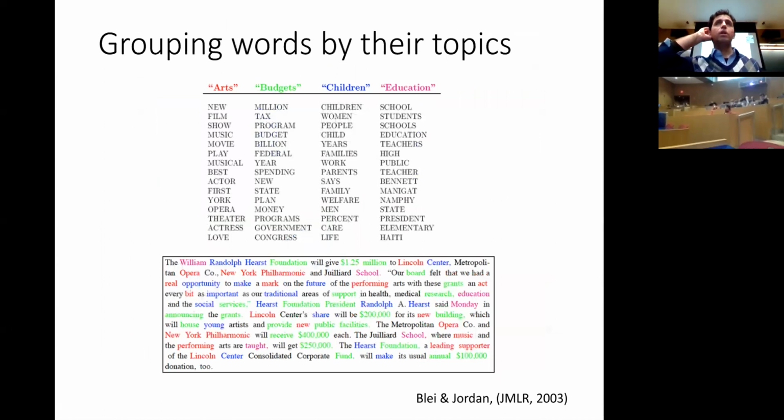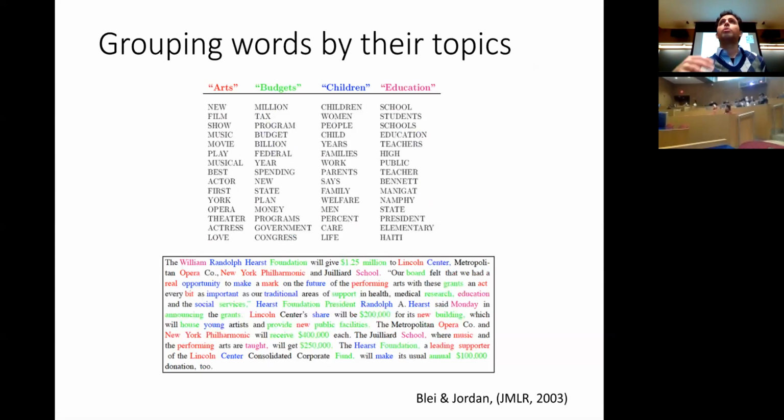A very common approach in this particular methodology is to group words by their topic, so bag-of-words kind of approaches. Basically, all these different words are associated with the arts. All these different words are associated with the budget. All these different words are associated with children or with education. And by simply counting how frequently each of these words appears in a particular document, you can then classify documents according to their topic.